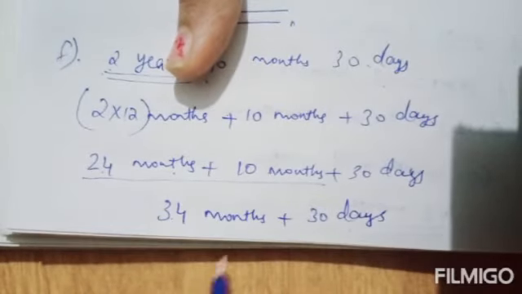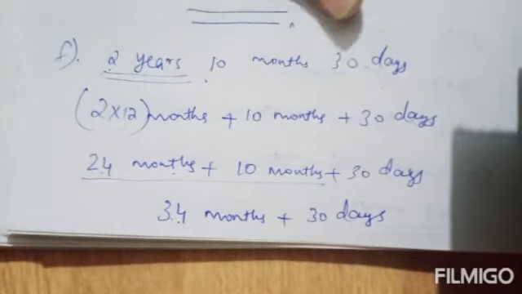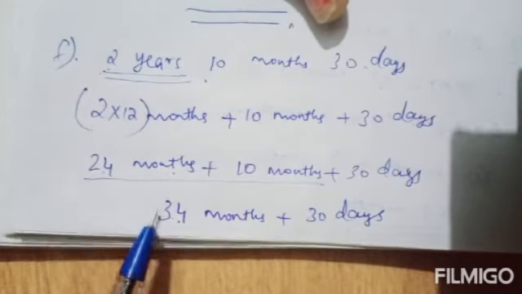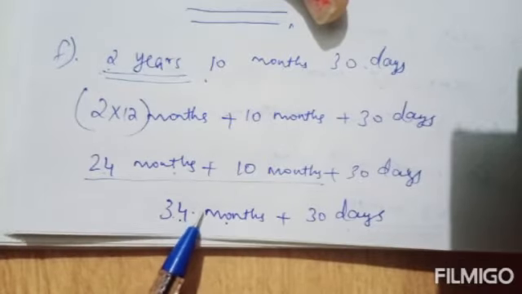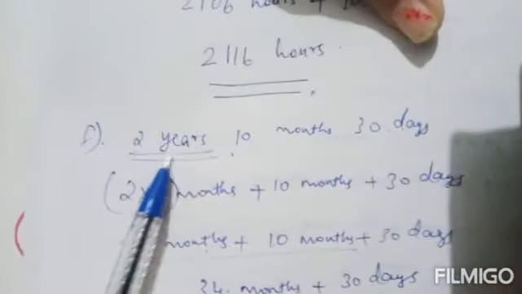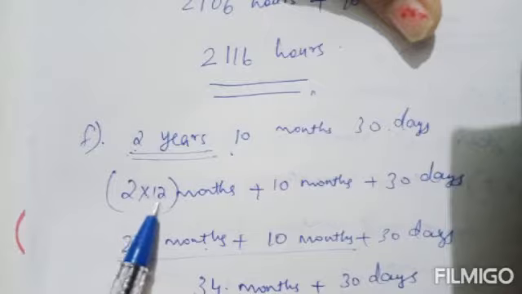You know the relation, 1 month equals 30 days. So 34 months will be 34 into 30 days. In order to convert months to days, just multiply by 30. In order to convert years to months, just multiply by 12.